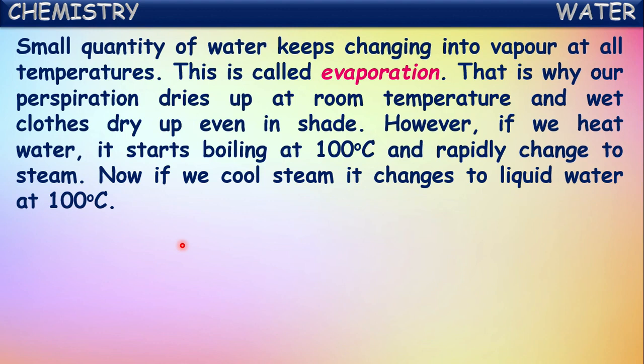This process of conversion of liquid water into vapor is called evaporation or vaporization. By this process, a small quantity of water is always converting into gaseous form. That process is called evaporation, which is also known as vaporization.